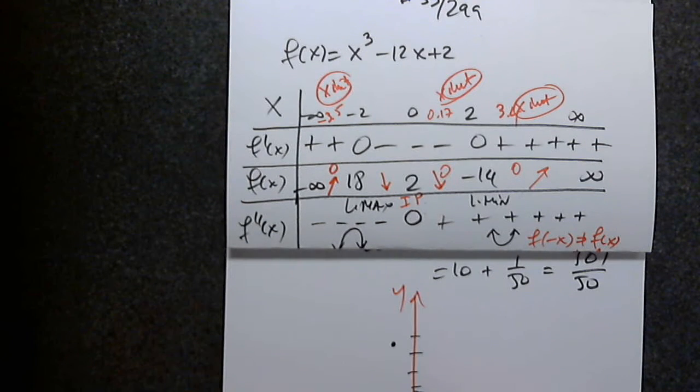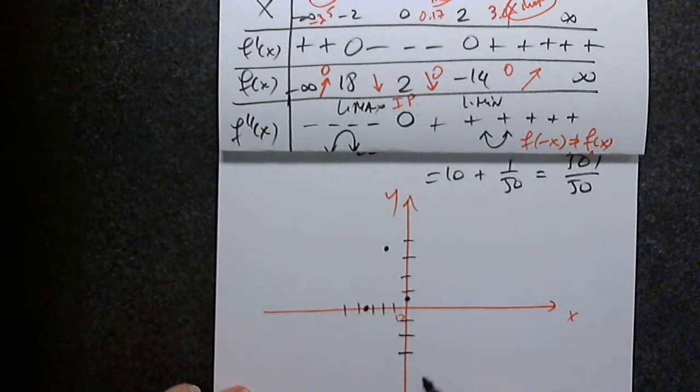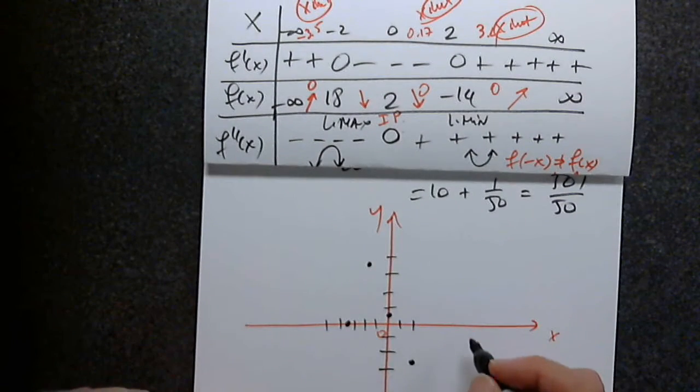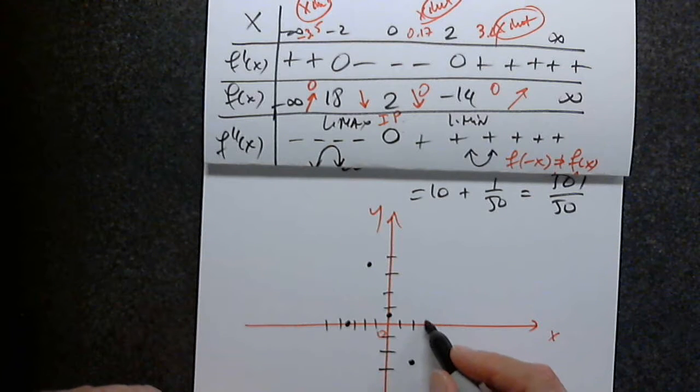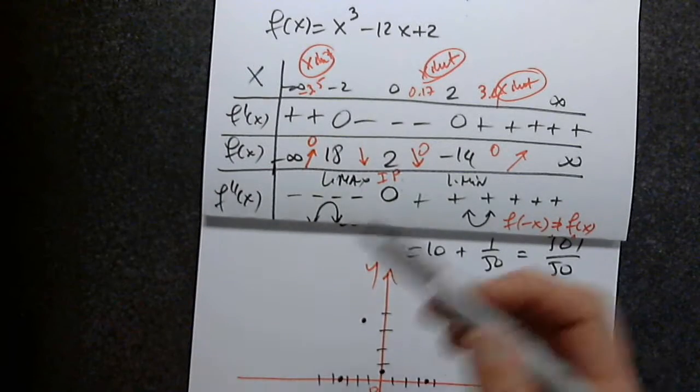Then I have 0, 2. And then I have 2, -14. And then I have 3.4, 0. So I plotted all the points.